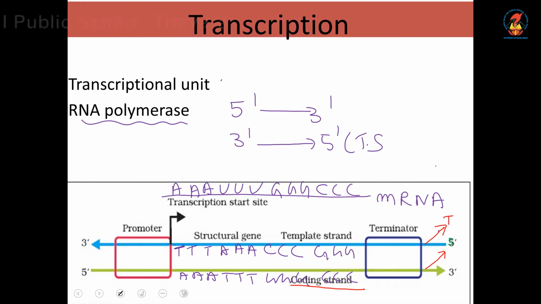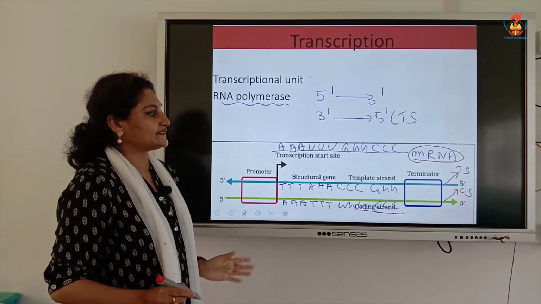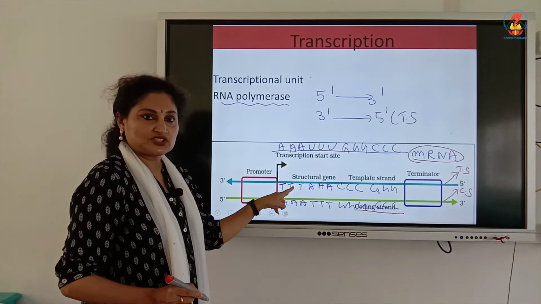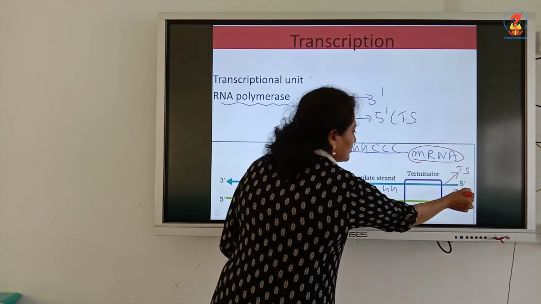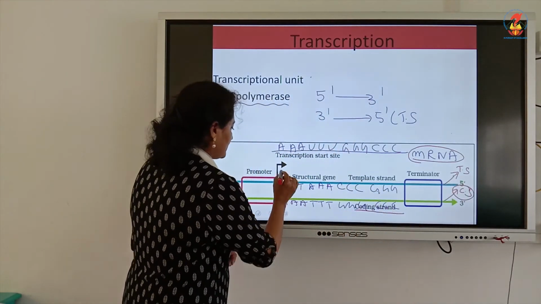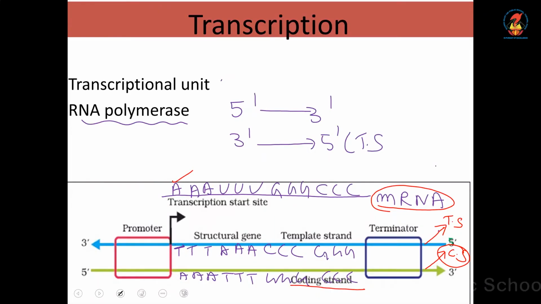The blue strand is the template strand and the green strand is the coding strand, and the strand in question is the mRNA. I am asking you, to which strand is the mRNA similar? Is it similar to the template strand? No, it is complementary. But look, it is similar to the coding strand. If I cross check, A, here U. Instead of U, it is T. Then G. Here G.